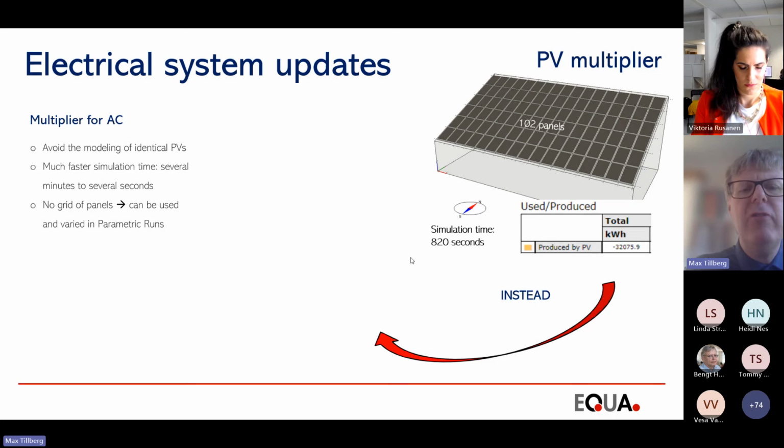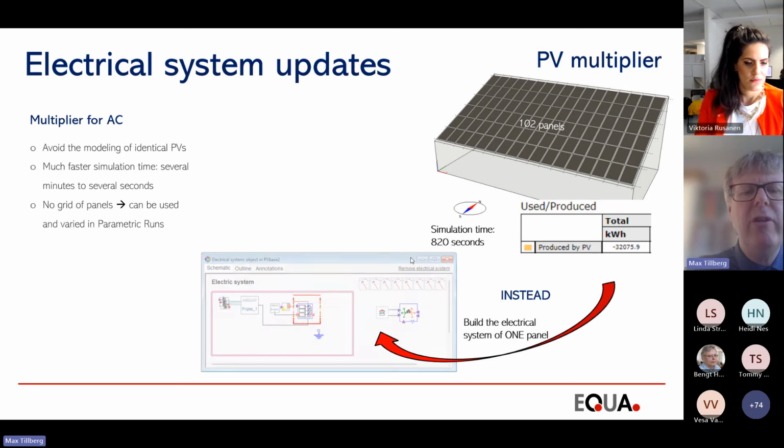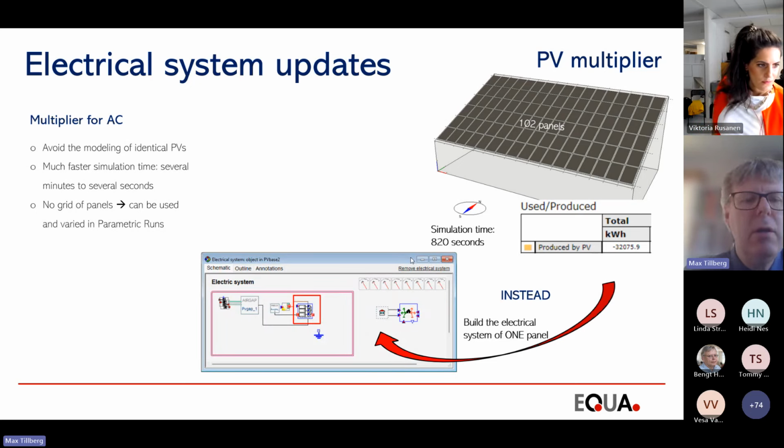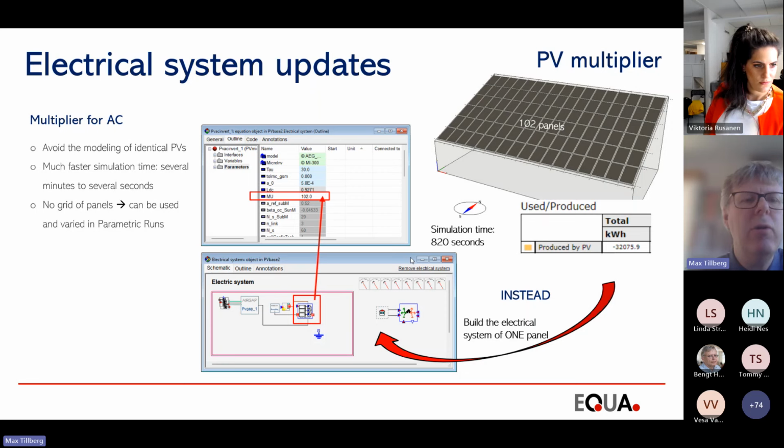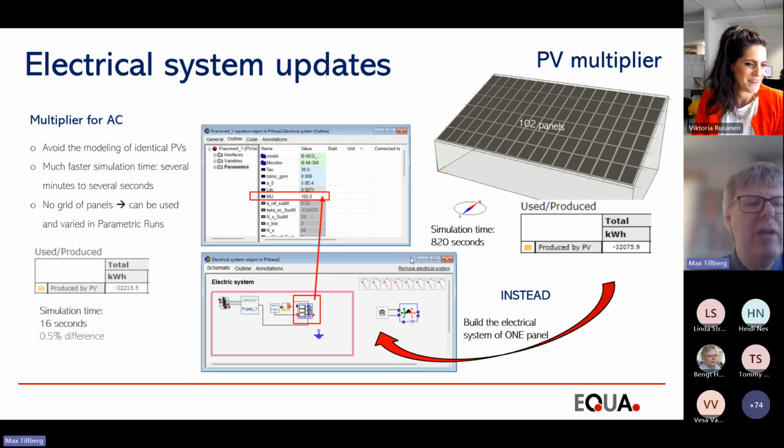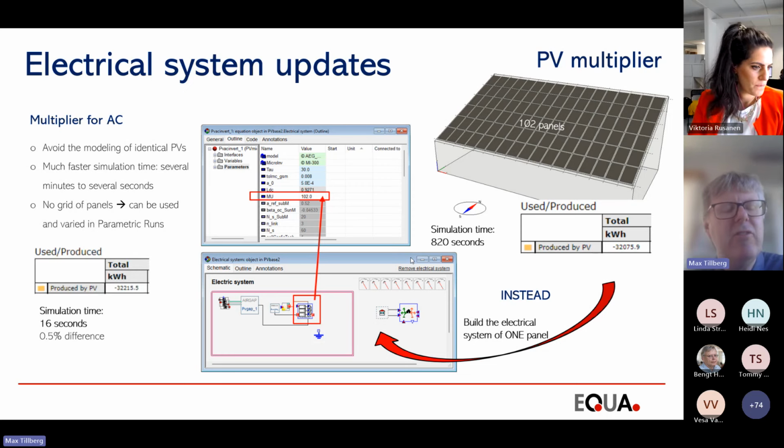And if we just use multipliers, what you do is that you build the system, and then you use this multiplier. You have a parameter called mu, and you just type 102, and a single panel, and the result was less than 0.5% difference, and this took 16 seconds.